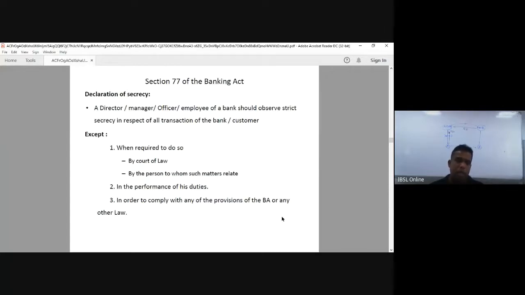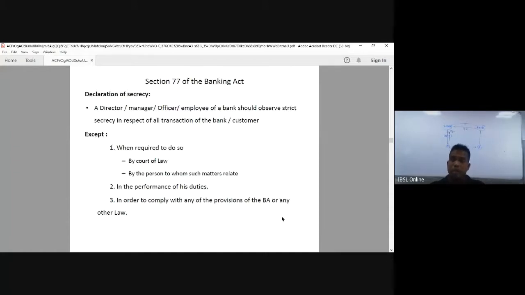Number three, in order to comply with any of the provisions of the Banking Act or any other law. So the third one is that the banker can divulge information to a third party without the consent of the customer as per any provisions of the Banking Act or any other order, any other law.